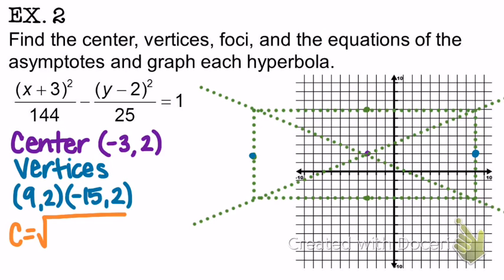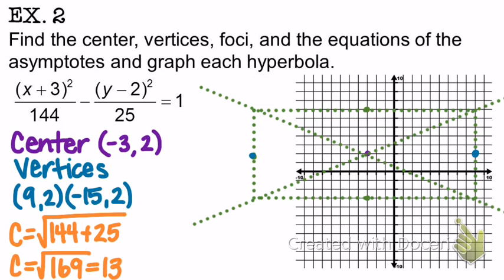For the focus, we're going to do the square root of 144 plus 25, which is the square root of 169, which equals 13. So this time we're going to go 13 spaces from the center, left and right. That's just one more space on either side of our vertex. Those ordered pairs will be at 10, 2 and negative 16, 2.